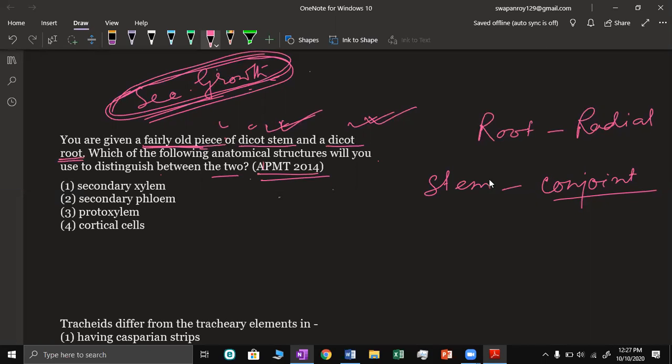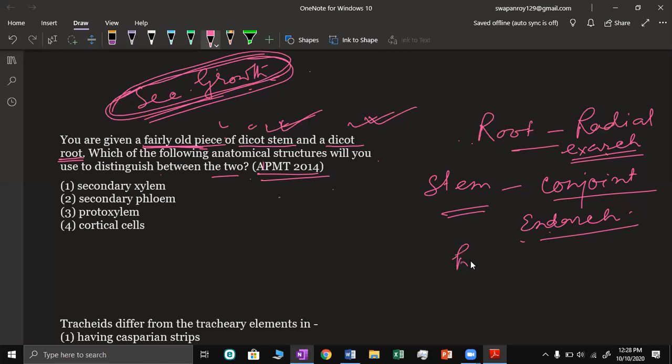Here another character of the root and stem is that the root is exarch, protoxylem is outside, and in the stem it is endarch, protoxylem is on the inner side. So this protoxylem and protoxylem, they are actually primary.